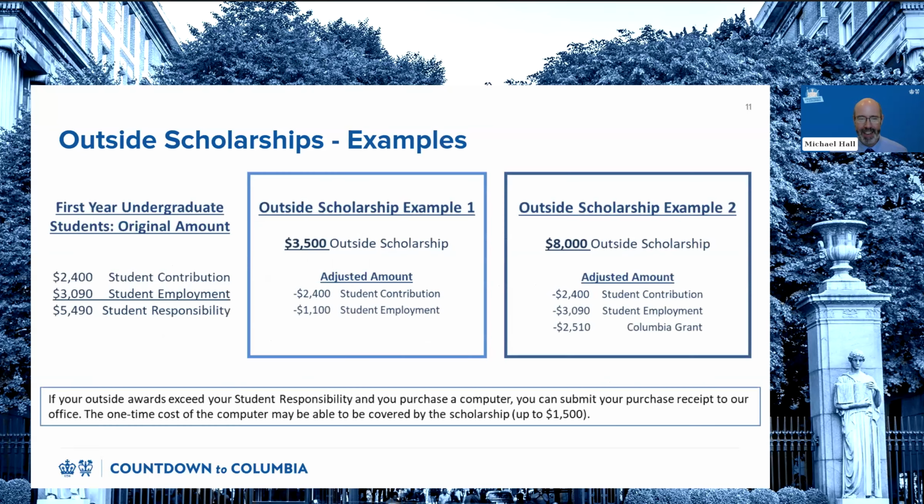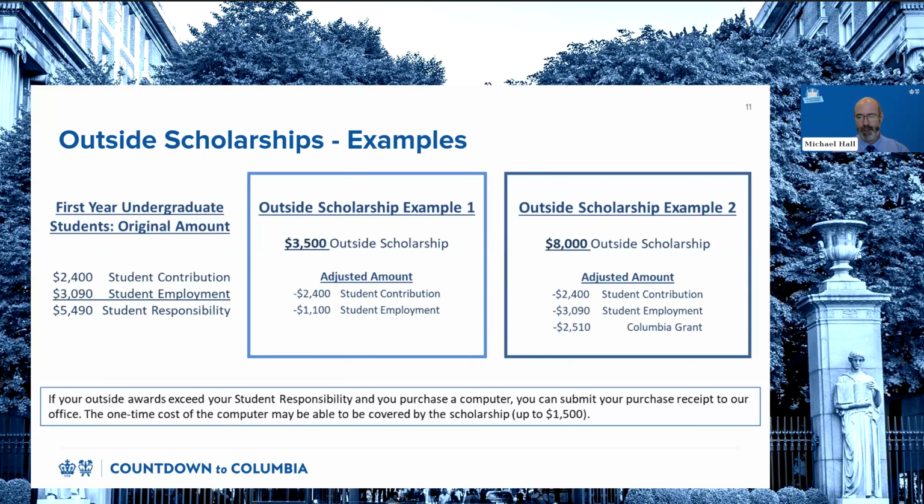I find it useful to pull up a couple of examples here. On the far left, I just reprinted the base student contribution and the base student employment expectation, which add up to $5,490. Example one: let's say a student gets $3,500 in outside scholarships, and that's fantastic.